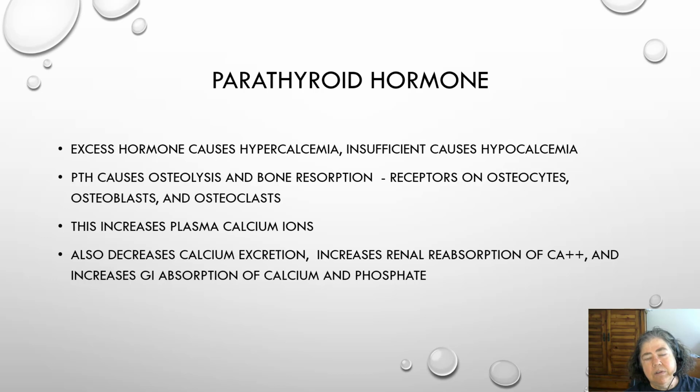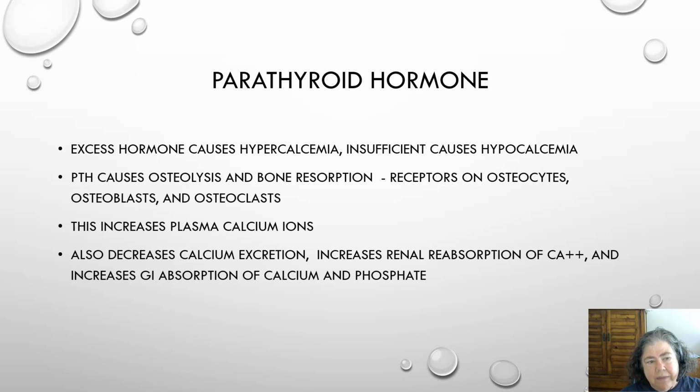And we'll talk about those more when we get to our musculoskeletal physiology lecture. But when bone is broken down into the components of that hydroxyapatite, we end up with calcium and phosphate circulating in the blood.